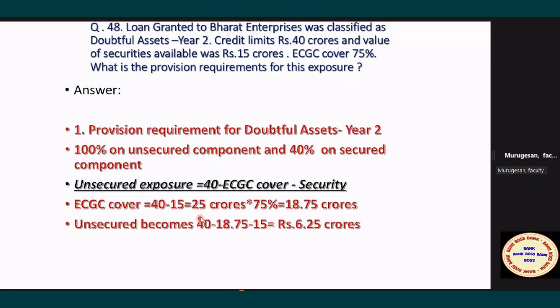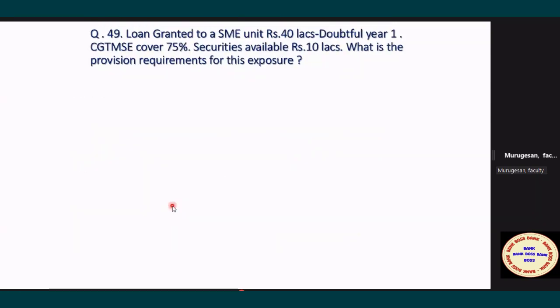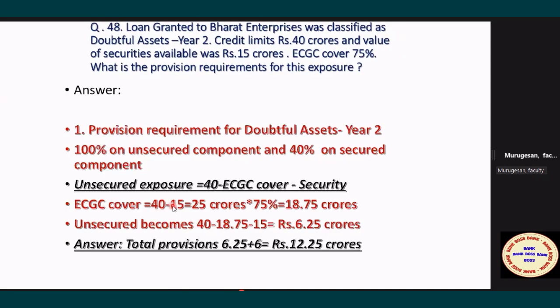So on 25 crore, because uncovered, the ECGC will settle after adjusting the security only. They will never give on the entire amount. So 25, how you got it: 40 minus 15, 25. On that ECGC will give 75%. So 25 times 75%, 18.75 is the expected settlement from ECGC.